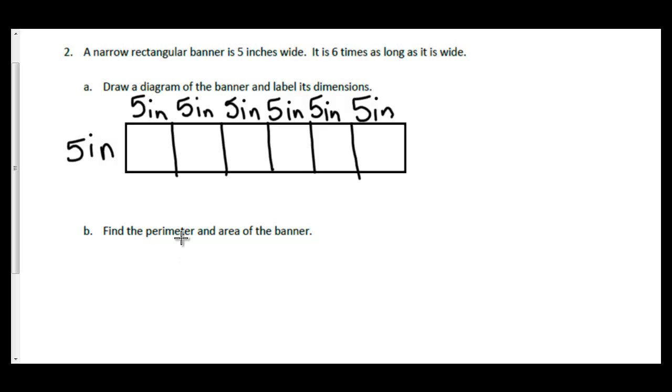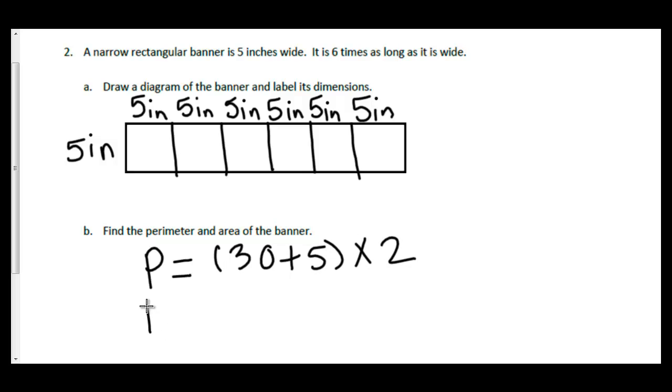Now I'm going to find the perimeter and the area. So for the perimeter, I'm going to do 5, 10, 15, 20, 25, 30. I'm going to do 30 plus 5 times 2. So the perimeter would equal 35 times 2.